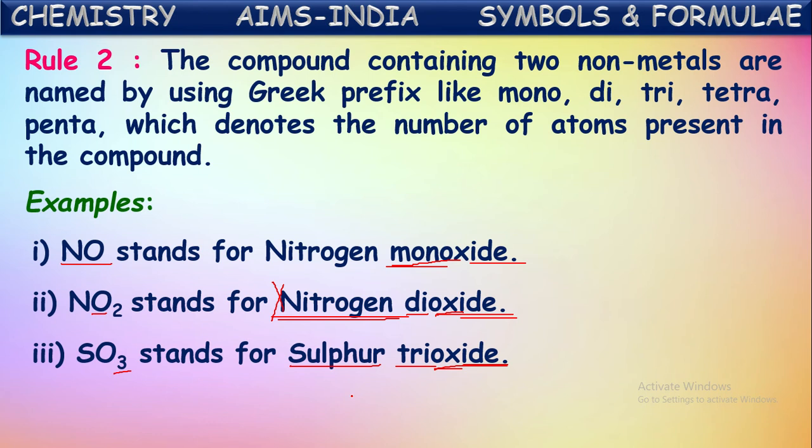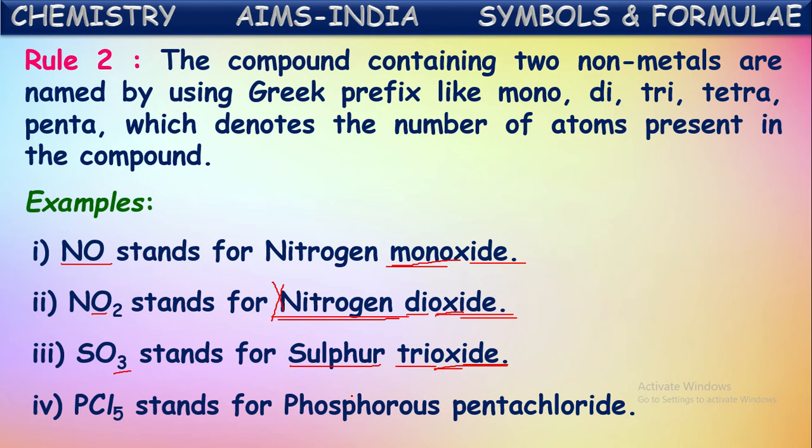One more compound we can see. The compound formed between P, phosphorus, and chlorine. It is named with the first non-metal, phosphorus, followed by the second non-metal, chlorine. For the second non-metal's name, ide is attached by eliminating some letters.